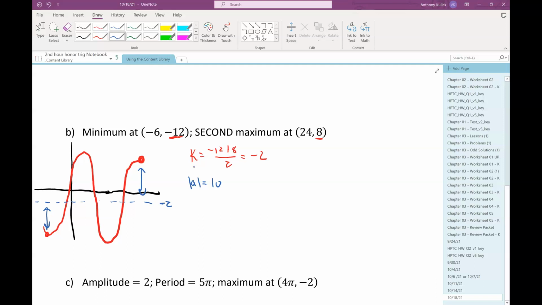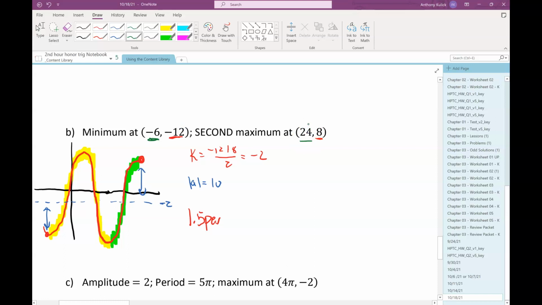Okay, next we'll do the period. So how many periods have I drawn here? Well, I know here to here is 1 period, and here to here is another half. So this is 1.5 periods. And there I'm going to be looking at the distance between the x coordinates.